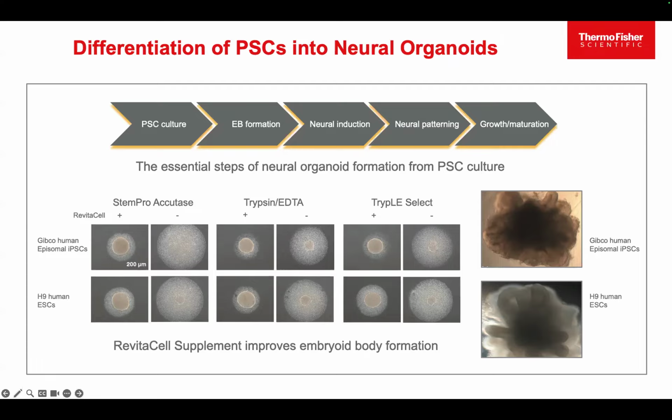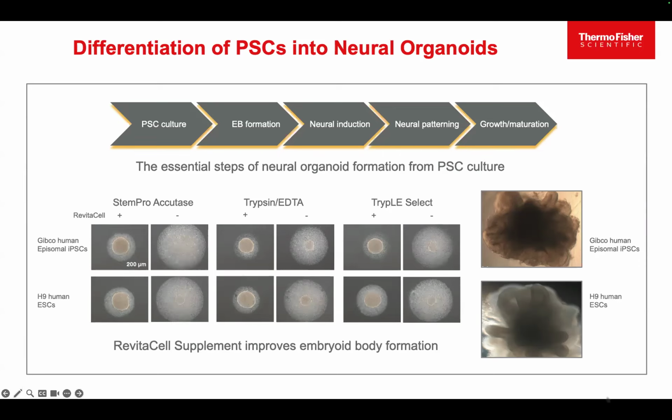We typically start from PSC culture, aggregating cells in suspension to form what's called embryoid bodies. Those cells in clusters are then capable of neural induction, neural patterning, and then finally growth and functional maturation into the whole brain or cerebral organoids. And again, we've got some really nice resources here in this space, and I'll include some of the links for those at the end of the talk.